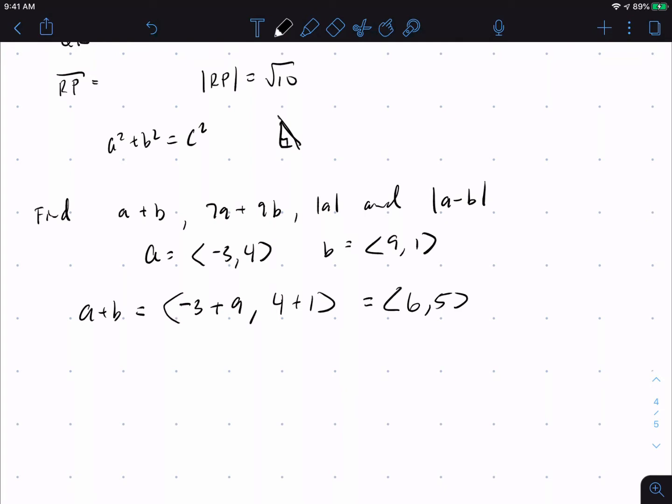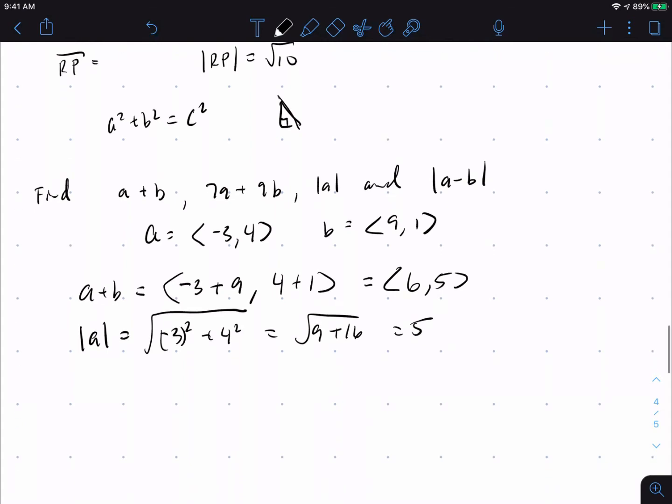To find the magnitude of A, that's simply going to be -3 squared plus 4 squared, which will be 9 plus 16, which should give me 5. Right? Okay. I'll leave this one for you guys to do. Tell me if you can see that the answer is 13. I want you to try it right now. I want to see if you guys can actually get the 13 so we can confirm it.